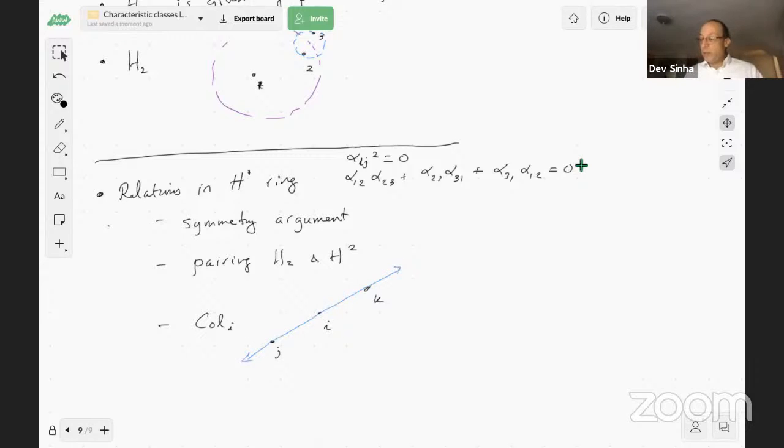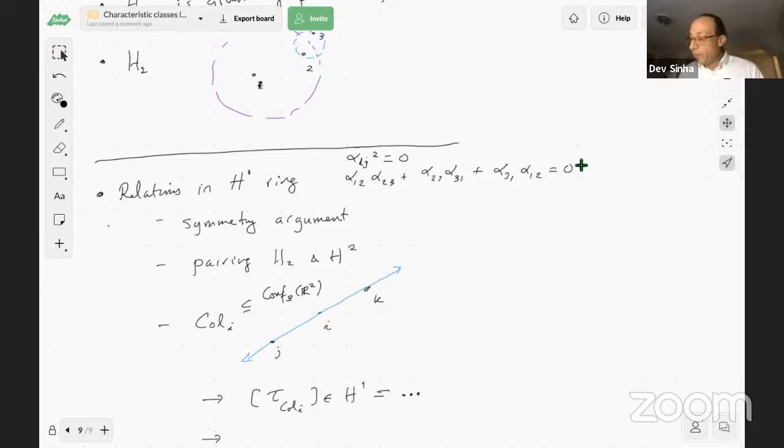So COLi is, you can check, a codimension 1 submanifold of configurations of 3 points in R2. So the Thom class of COLi is in H1, and then you calculate what that is.